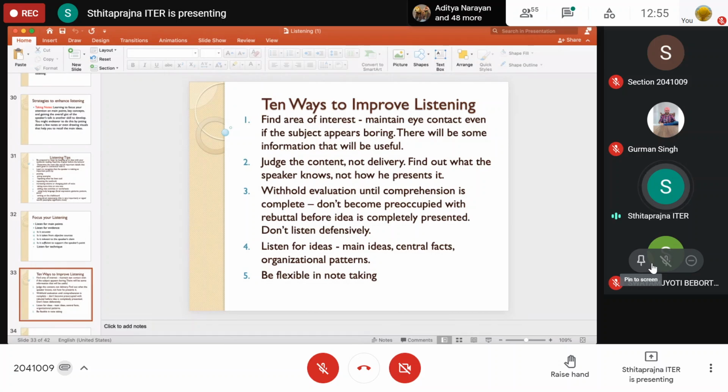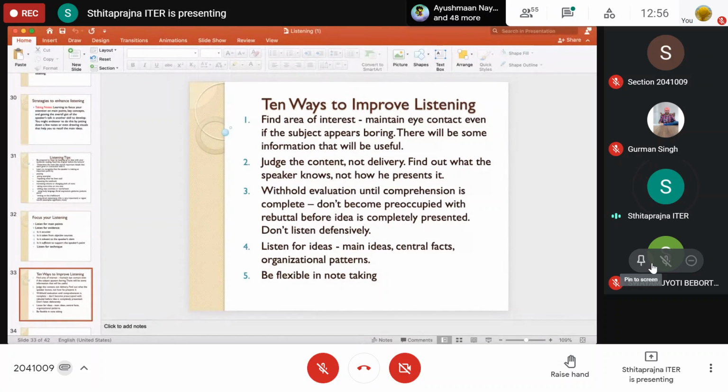So sometimes you can pretend to listen, and when you're faking to listen, this could actually make you listen at times. So when we are not judging the content and the delivery, finding out what the speaker knows and not how he presents it.